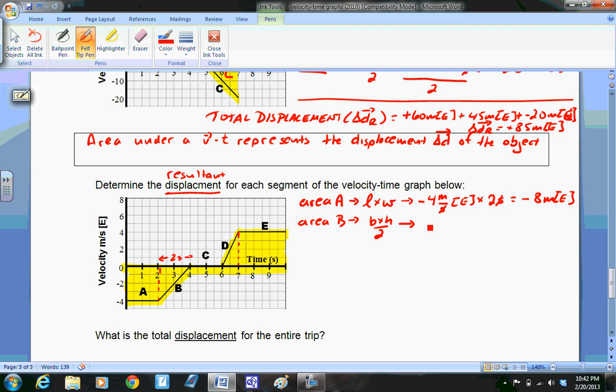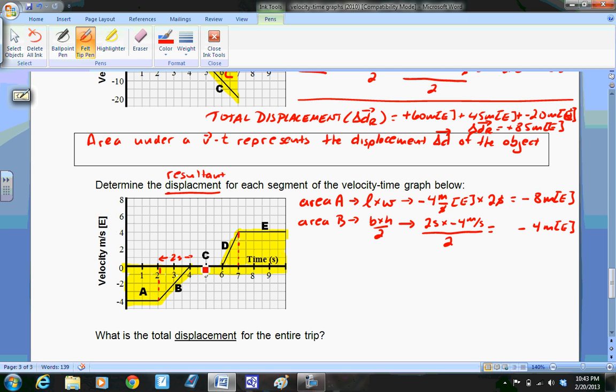Just this component. It'll be 2 seconds times my height. So my height is negative 4 meters per second, all over 2. And when we calculate this, you're going to get a value of negative 4 meters to the east.